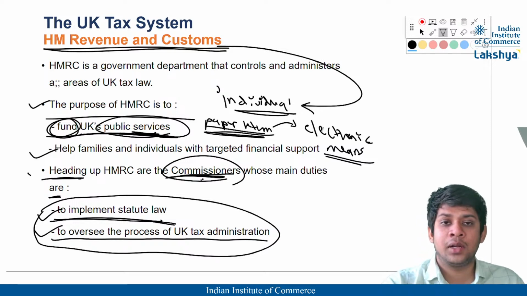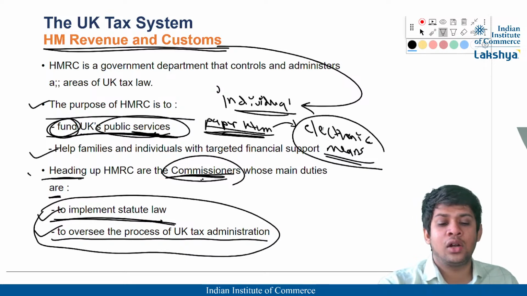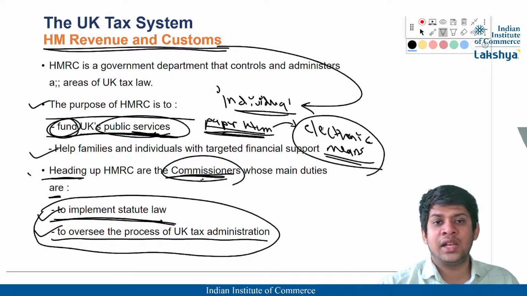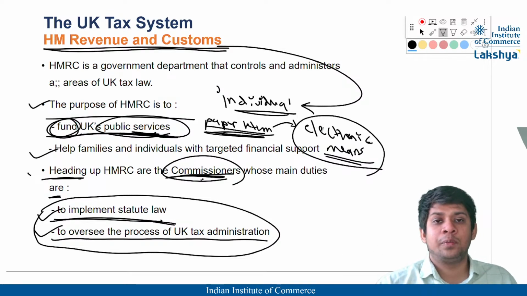Mostly electronic means are preferable because it is very easy and friendly to identify and find any papers if you file through electronic means, because it is there, right?